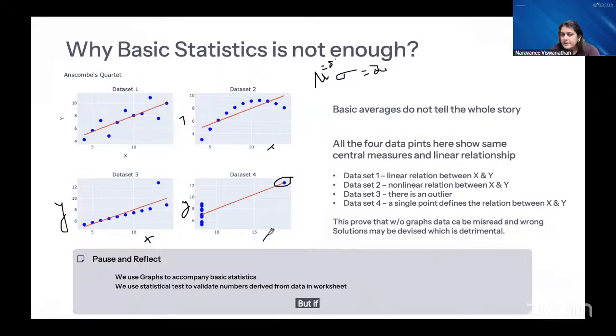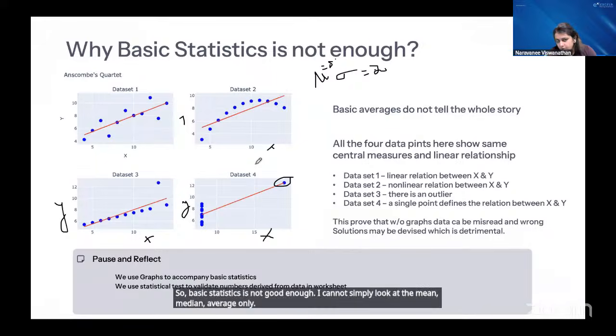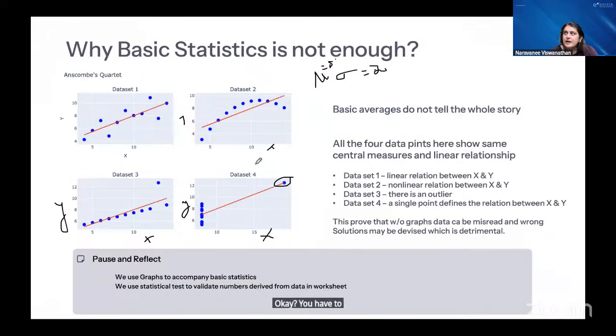But if I simply look at the mean and the standard deviation, you will find that they are the same. So basic statistics is not good enough. I cannot simply look at the mean, median, average only. You have to look at the graphs. You have to look at the correlations.